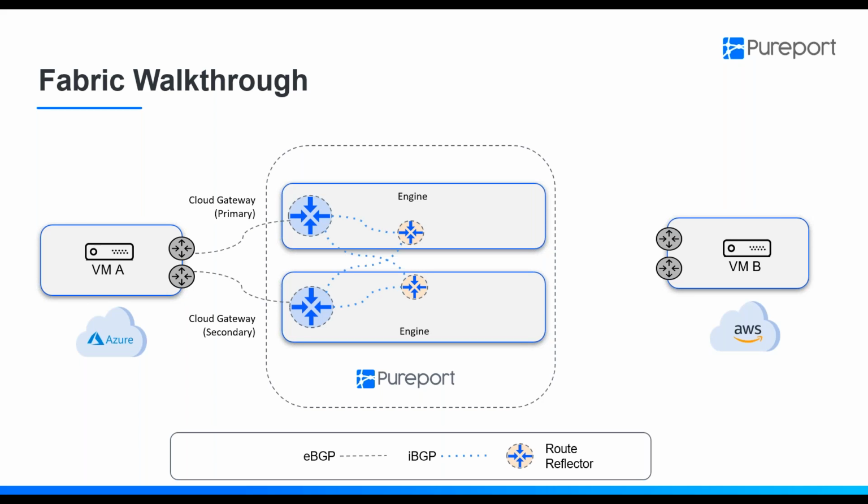So when I add my first cloud connection, essentially what happens is that we deploy two virtual routers, these containerized routers, to terminate BGP peering for that cloud, along with a pair of HA route reflectors, which are used to create a layer 3 full mesh network with all the additional clouds and customer locations that we connect. All of these routing instances are dedicated to this customer account.